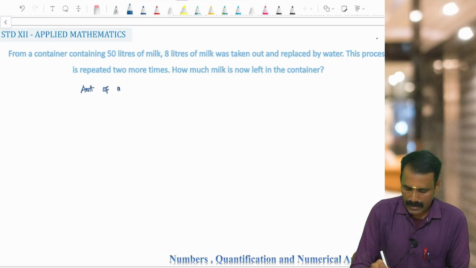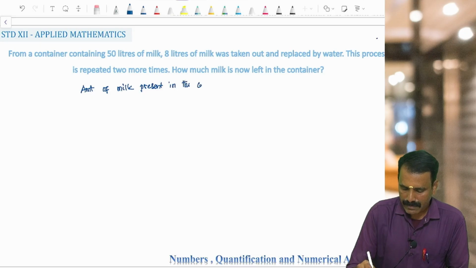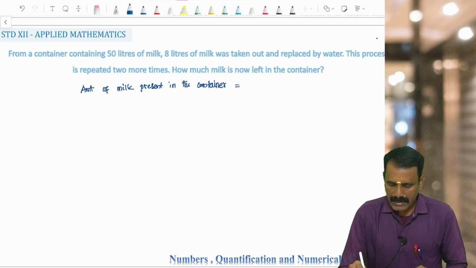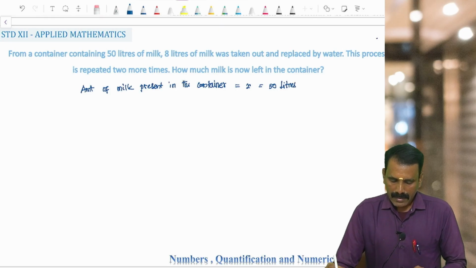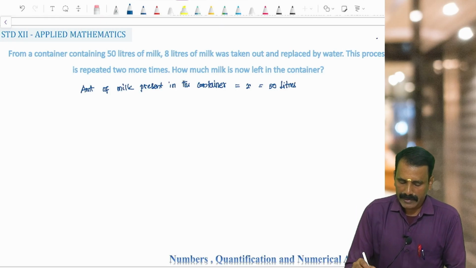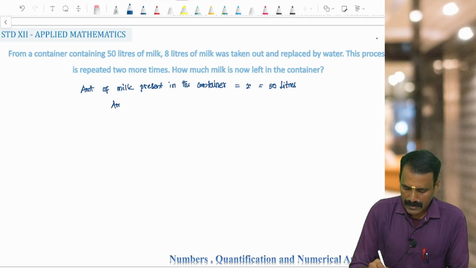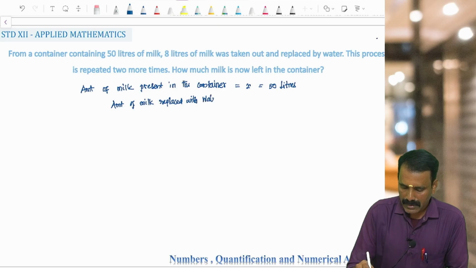So we start. Amount of milk present in the container, which is taken as X, and it will be 50 liters. And we are going to replace certain amount of milk. So amount of milk replaced with water each time.